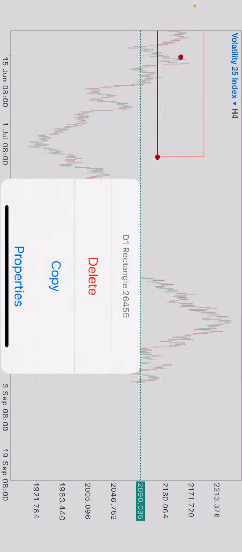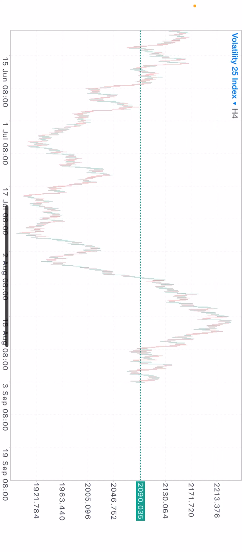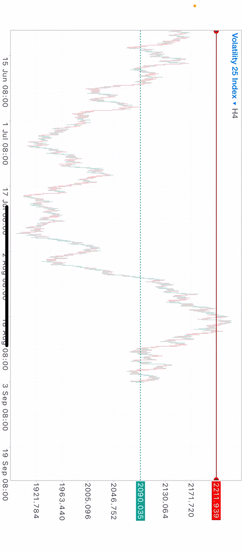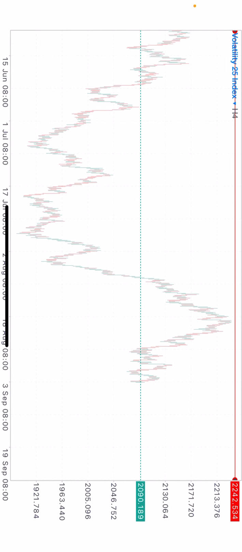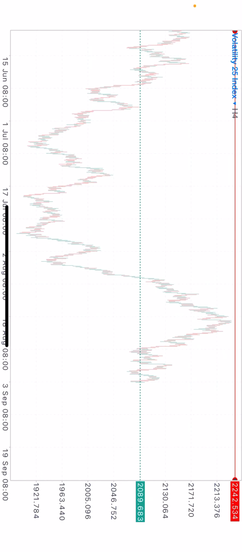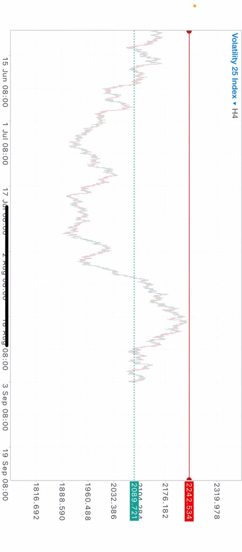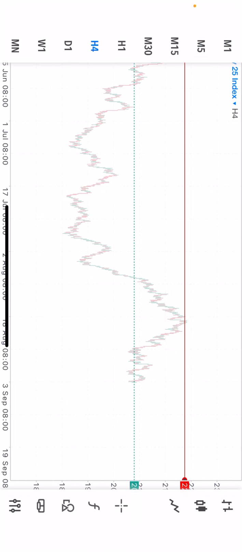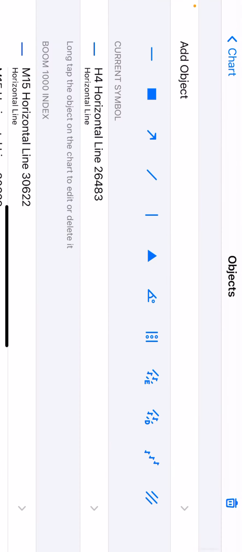It might confuse you. So for my 4-hour time frame, I want to mark my highest price point, which is going to be my resistance, which is right about there. And I've got this support.